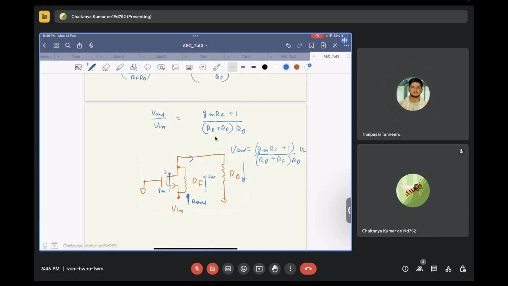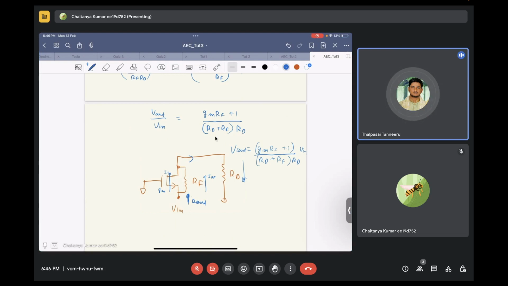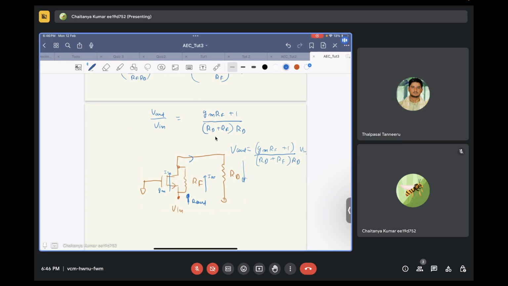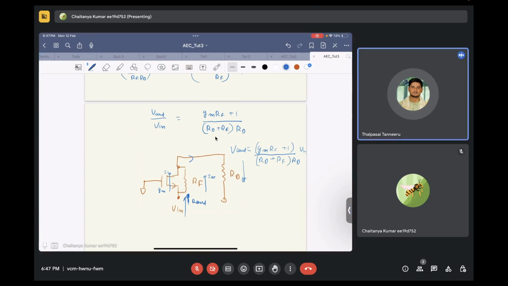If there is Vin voltage over here, what will be the input resistance? Vin by the current flowing in. Let's say the test voltage is Vin only. So Vin by whatever current is flowing inside is equal to your resistance, correct? Now, what is the current that is flowing in? IT plus IRF.